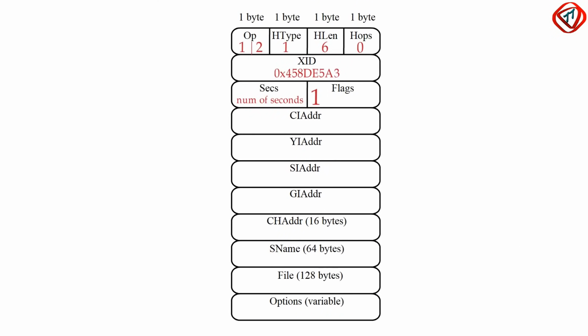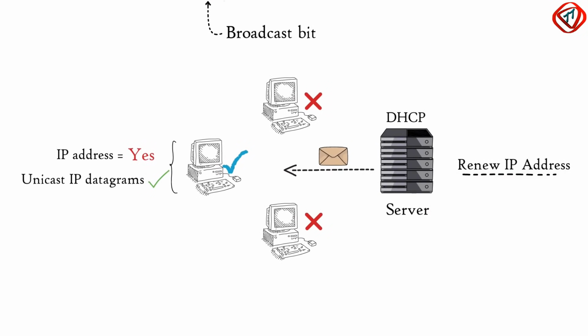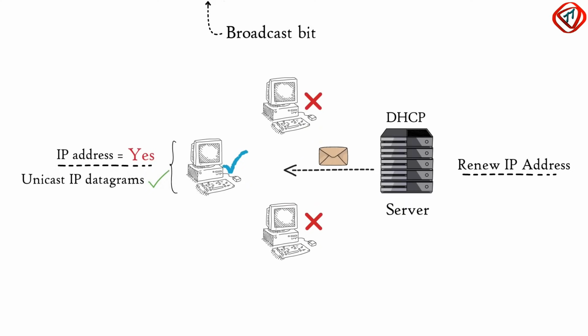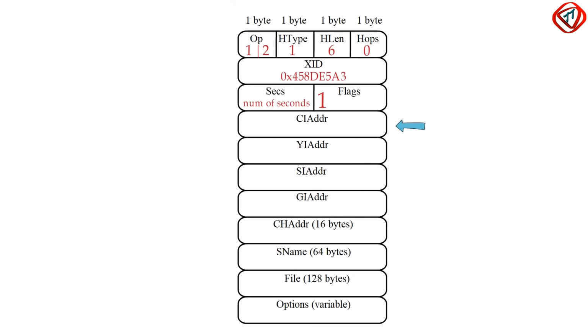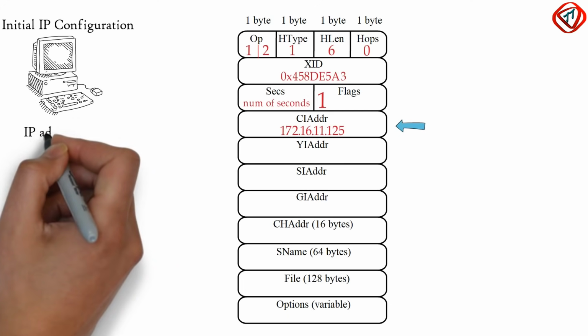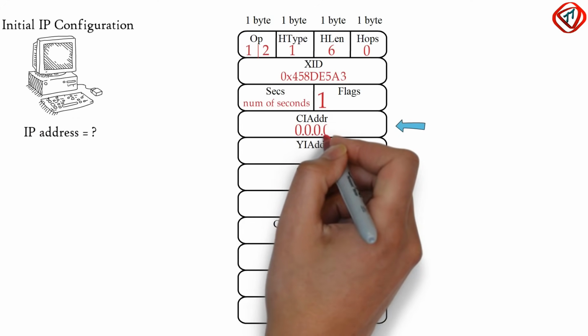Now, client IP address. In case of renewing the IP address, the DHCP client knows its current IP address, so it fills this field with its current IP address. However, when the DHCP client is newly connected to the network or in case of its initial IP configuration, it does not have any IP address, so it sets this field to 0.